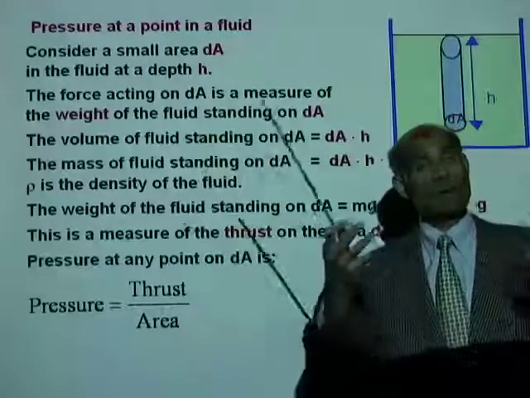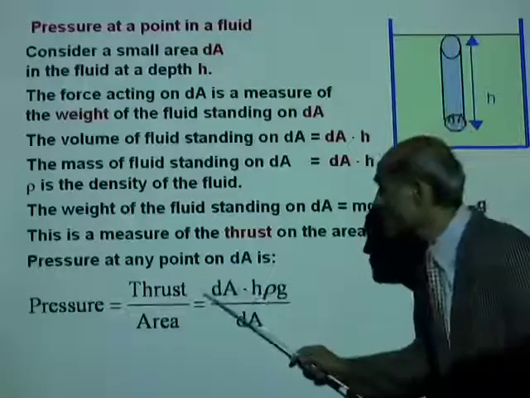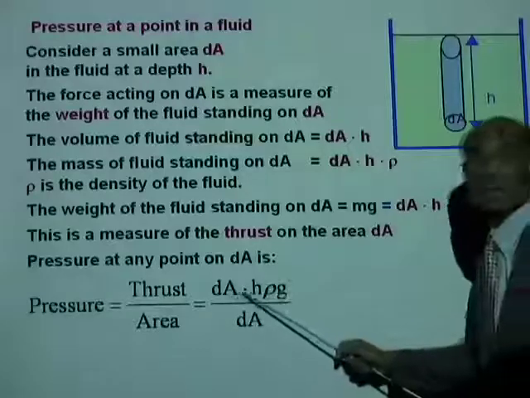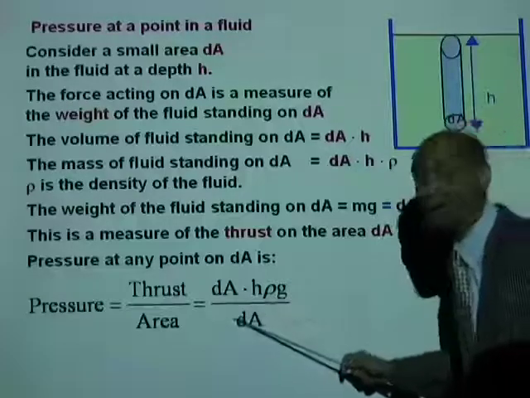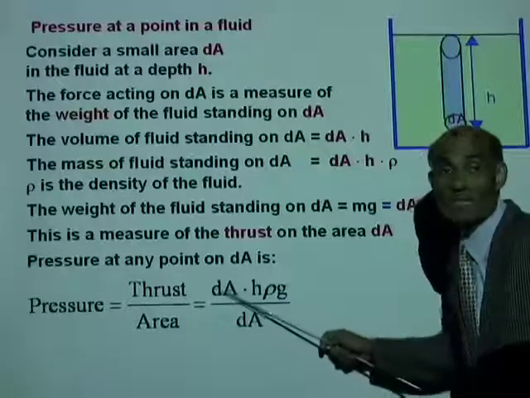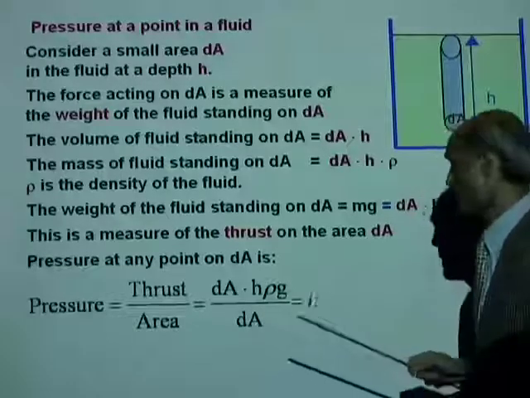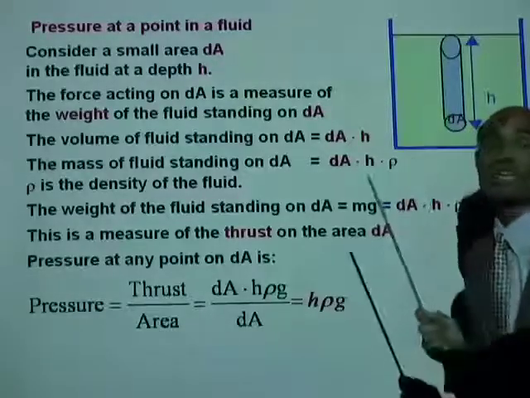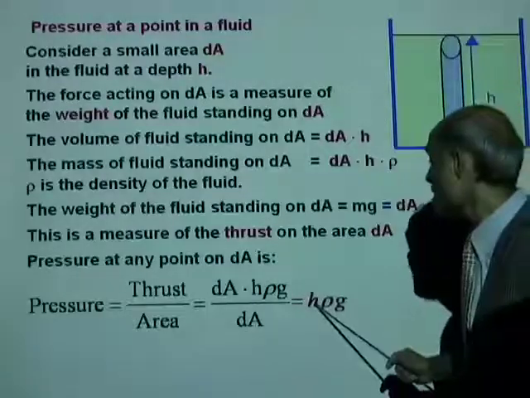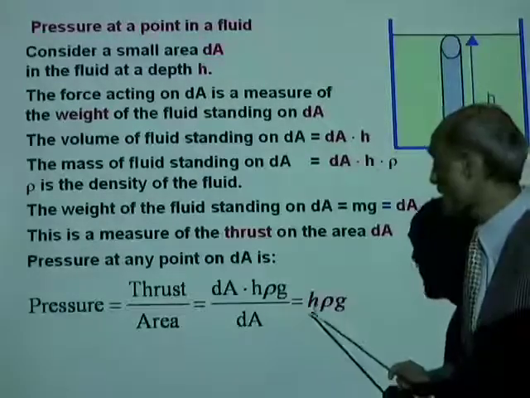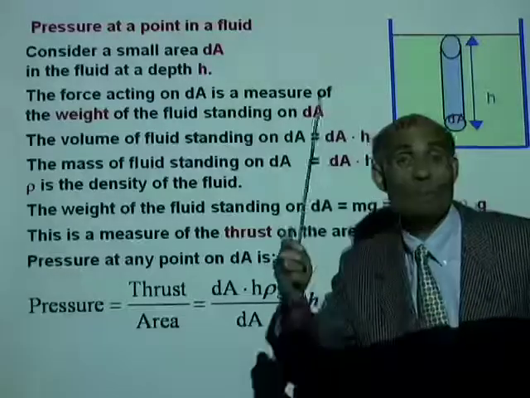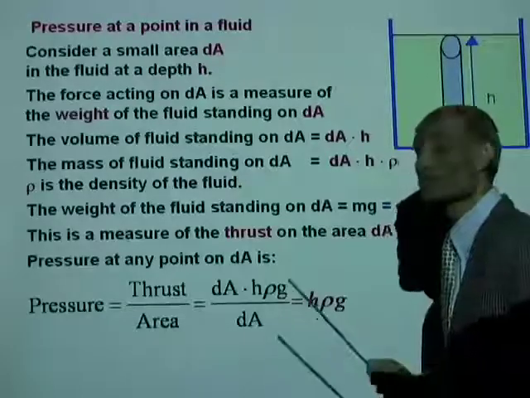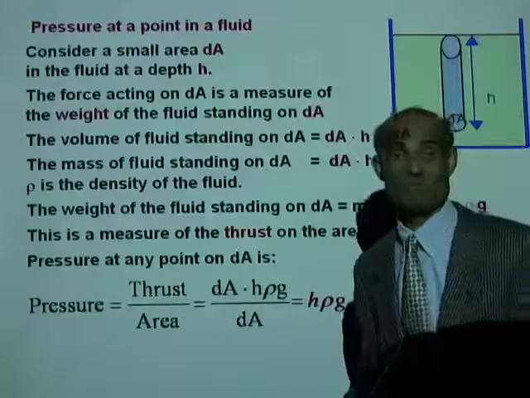Thrust is a measure of the total force, and the thrust is dA times h rho g. dA times h rho g divided by the area dA, and the dA and the dA will cancel, giving us the expression: pressure at a point inside the fluid is h rho g, where h is the depth of that point from the surface, rho is the density of the fluid, and of course g is the acceleration due to gravity.